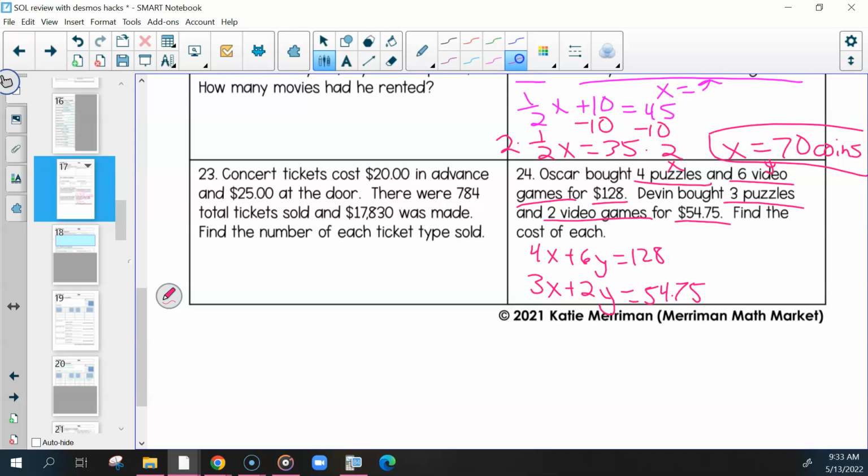And then I'm going to put both of those equations into Desmos and see where they intersect. For word problems, you shouldn't get no solution or infinitely many because that wouldn't make sense. But if it's just a systems problem, then you could.